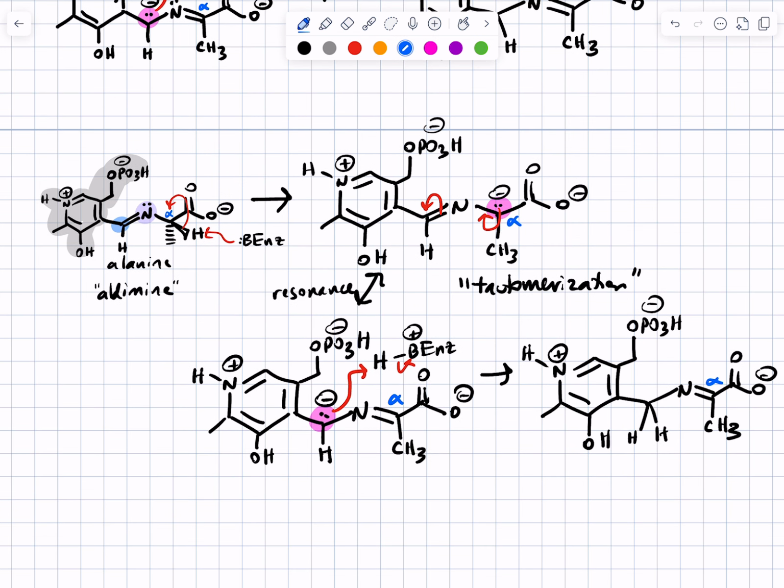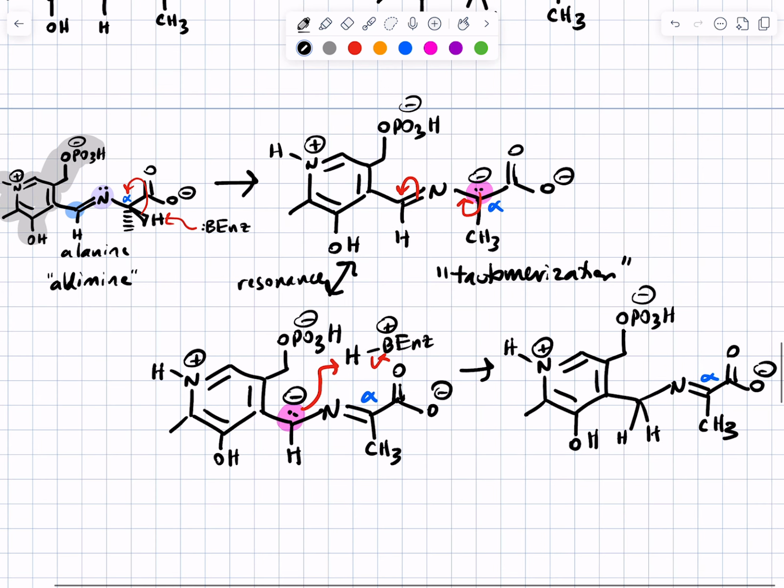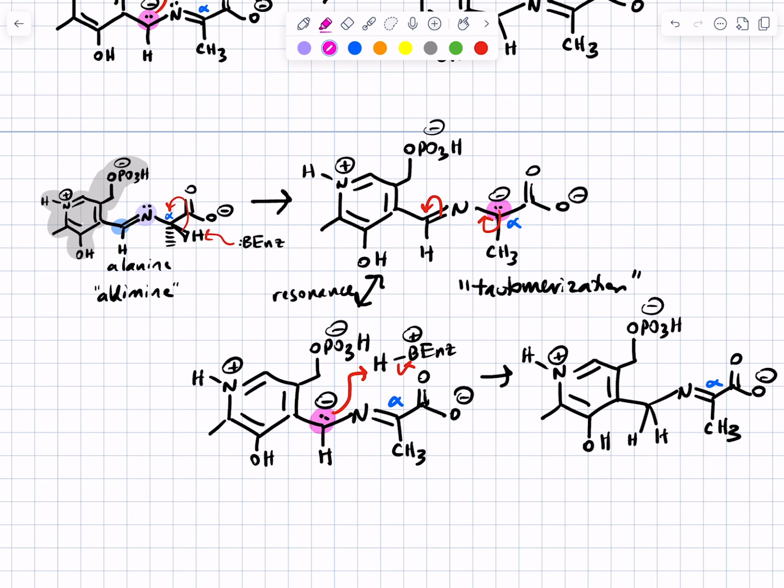Now, this product is still an imine, but compare it to the starting aldimine, notice that the carbon to which the nitrogen is doubly bonded has changed. Do you see how it's on the other side? And notice that that alpha carbon is itself bonded to two other carbons.